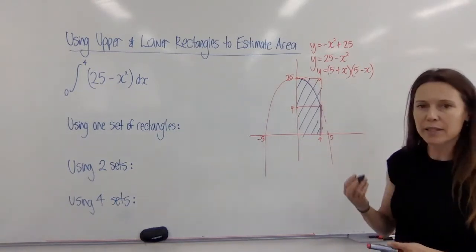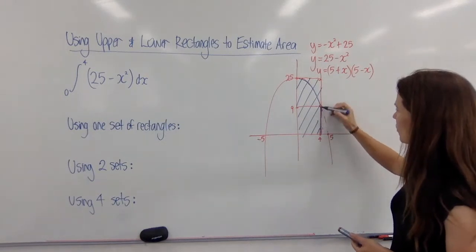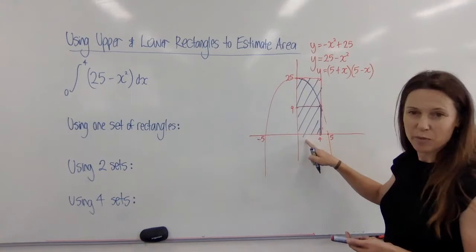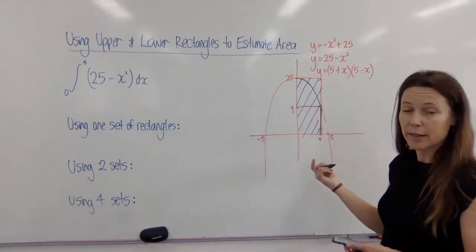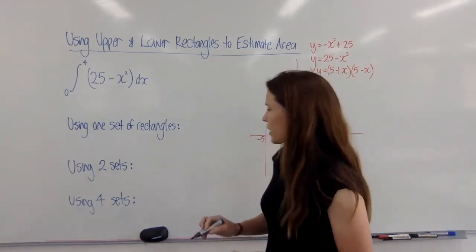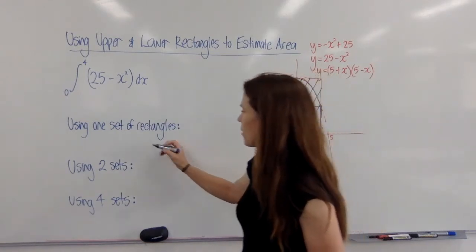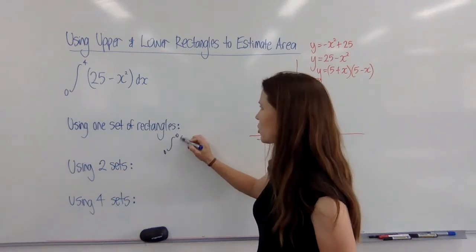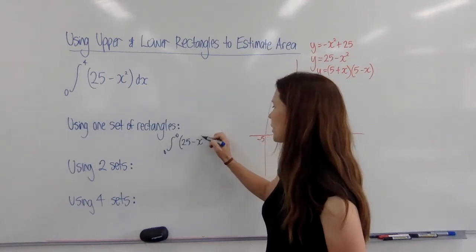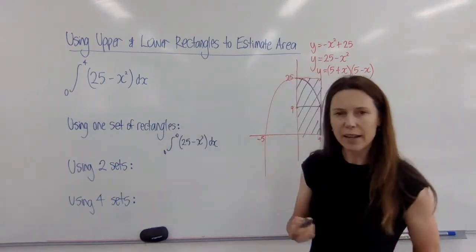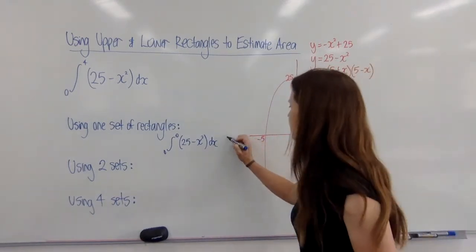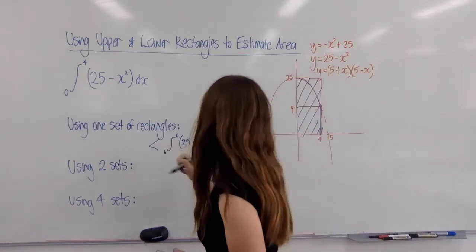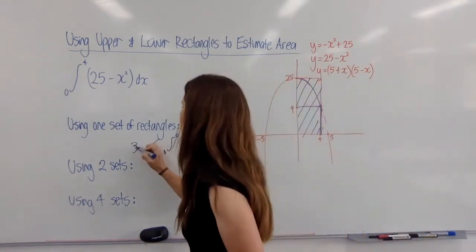Or I could use another estimate and say, well, it's going to be sort of maybe a little bit bigger than this lower rectangle. Well, the lower one's way too small, actually. 4 9s are 36. So using one set of rectangles, I'd say that my area, which I'm still going to call exactly the same as my question, the integral of 25 minus x squared dx, that area is somewhere between 4 25s, which is 100, and 4 9s, which is 36.